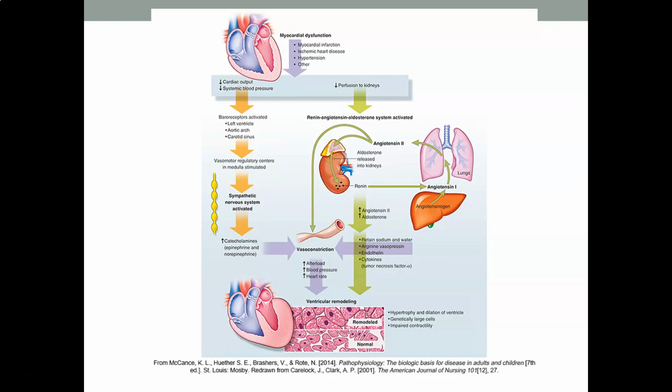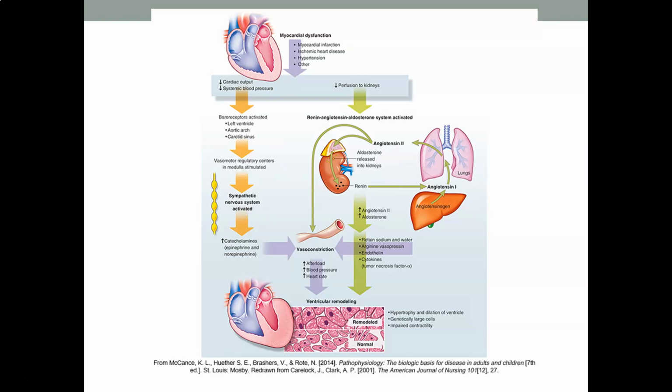The vasomotor regulatory centers in the medulla then are stimulated, which starts the sympathetic nervous system, that fight or flight. So you have the increase in the catecholamines, your epinephrine, your norepinephrine, which causes vasoconstriction.